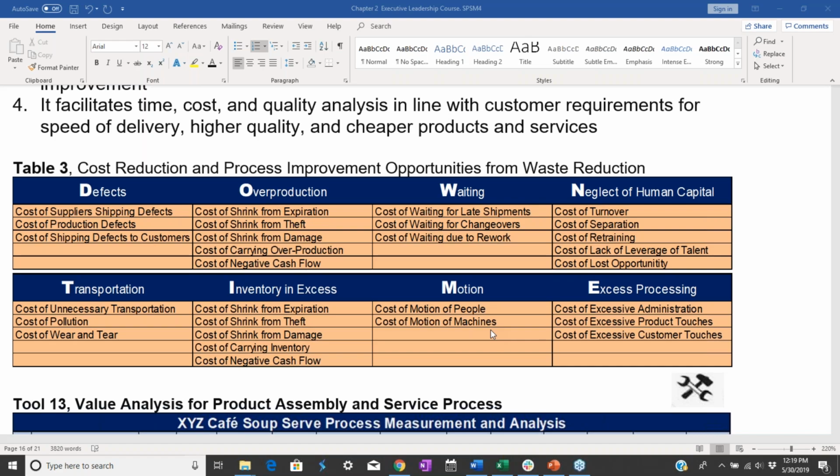So the whole idea is to look at your process. If you're looking at a transactional process, yes, this also applies to transactional processes, by the way, or a manufacturing process. You map out all the process steps, and then you look at each step in isolation and at the activities involved in executing a particular step.